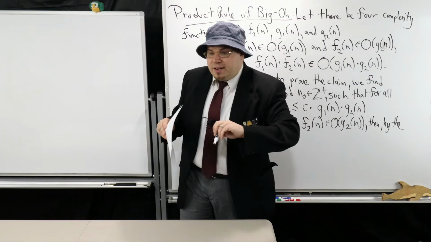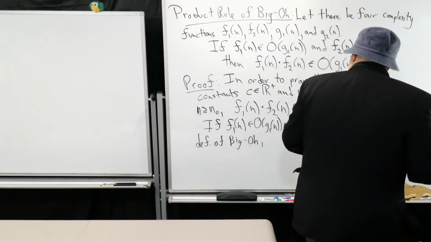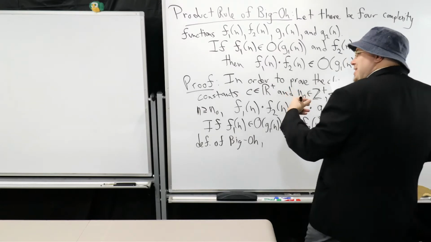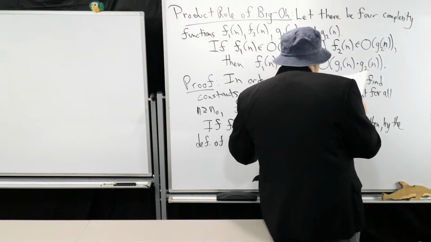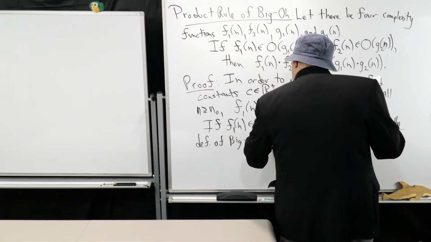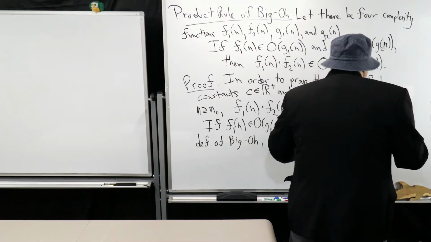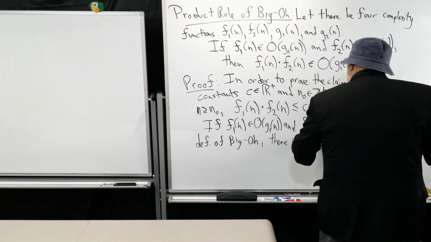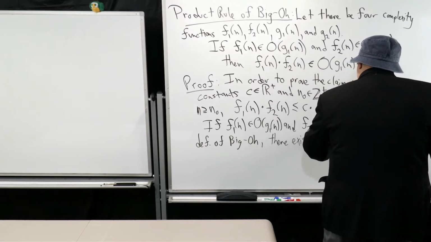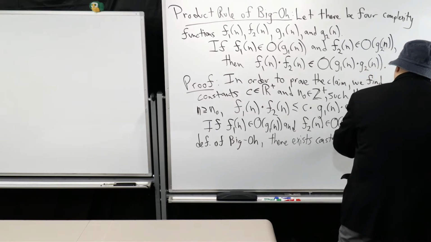I'm going to list those out such that certain inequalities hold. By the definition of big O, there exist constants C1 and C2, I'm just giving them names.